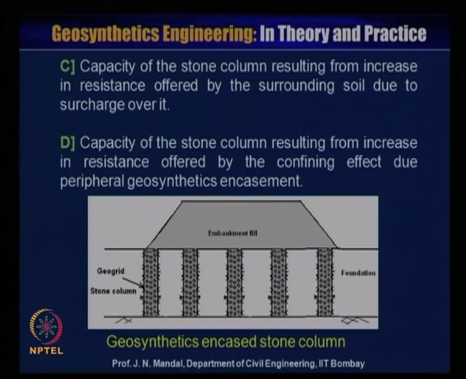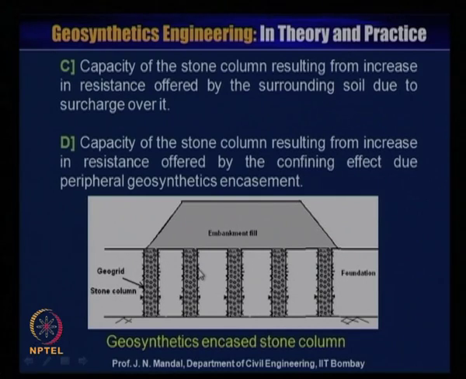Here you can see this diagram, this is the geosynthetic encased stone column, and this is the stone and this is the geogrid. So, here geogrid encased stone column is placed at a particular spacing. A number of research works have also been carried out in IIT Bombay using the encased stone column.